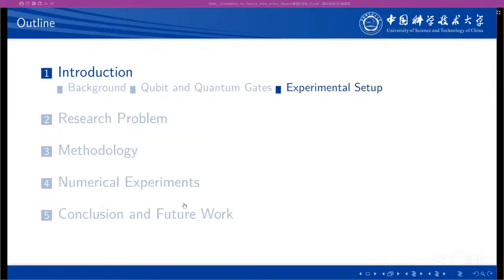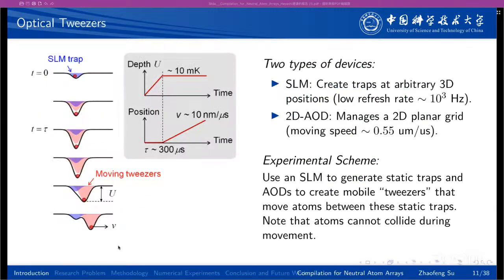For the experimental setup, optical tweezers play a significant role. There are two types of optical tweezer devices. SLM generates static traps at arbitrary 3D positions, and 2D AOD creates mobile tweezers to move atoms between static traps.